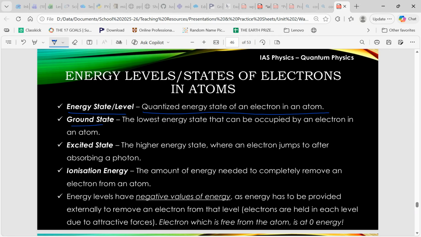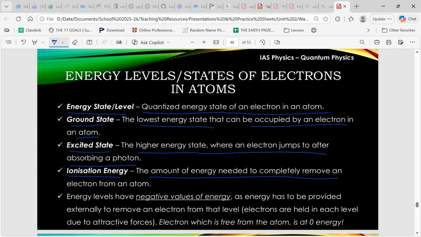Ground state: the lowest energy state that can be occupied by an electron in an atom. Excited state: the higher energy state where an electron jumps to after absorbing energy. Ionization energy: the amount of energy needed to completely remove an electron from an atom. So we know that electrons exist in different energy levels in an atom. Ionization energy will also be different for each of these energy levels.